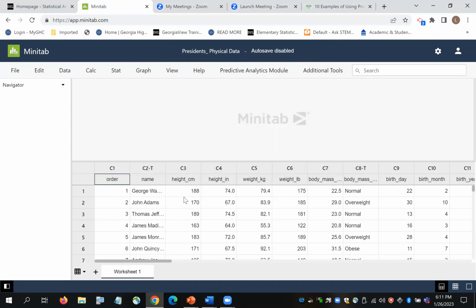I do continue without autosave, and it brings in my data. I'm interested in the height, which is in column 4.